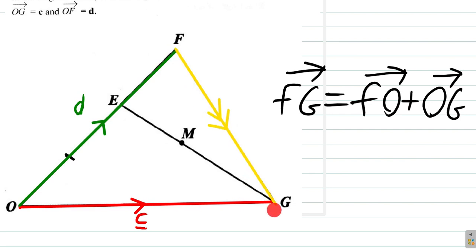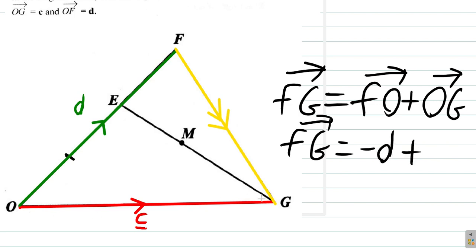So F to G is the same as F to O plus O to G. If you go F to O, you would be going in the opposite direction as OF. And OF is D. So you're going negative D. So FG is equal to negative D plus OG, which is C. Alright, so that's that for FG.